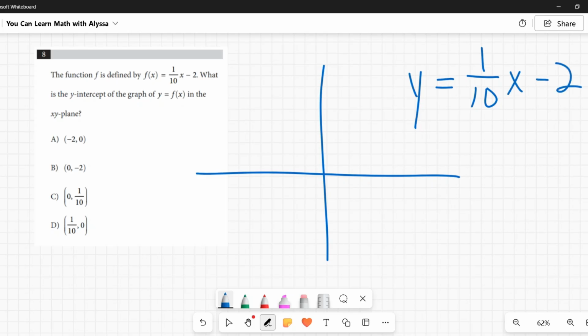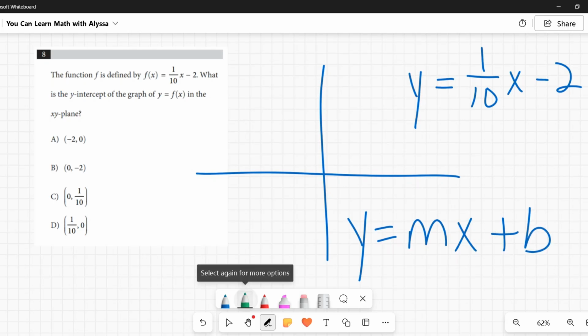When we have a line that's in this format, it is in slope-intercept form. We write that slope-intercept form as y equals mx plus b. When we have slope-intercept form, the m and the b are constants, or just plain numbers. The x and y change, and the m and the b stay the same.